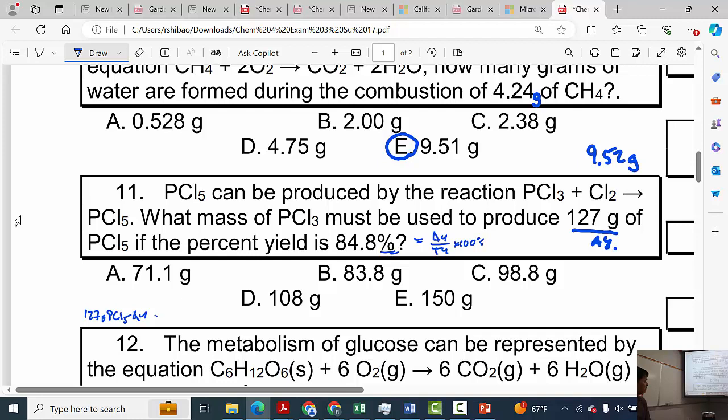Percent yield is equal to the actual yield divided by the theoretical yield times 100%. This is a percentage, so what that means is I'm going to get 84.8 grams actual yield for every 100 grams theoretical yield.